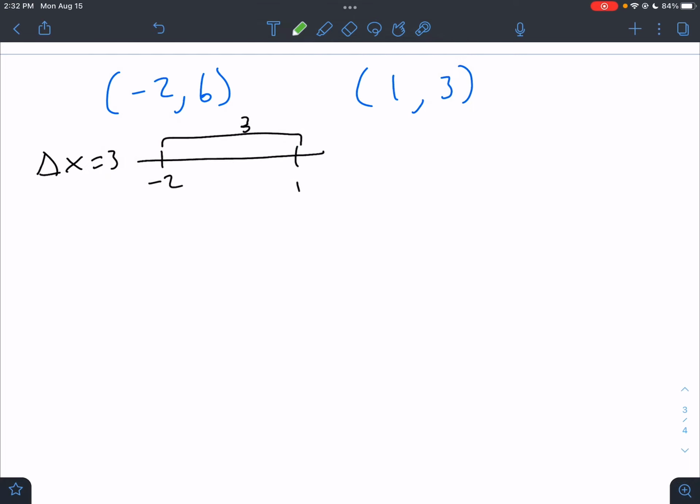How about delta y? The y values, draw a little number line. We can even do it vertical if you want, because y is technically vertical. We have a 3 and we have a 6. How far is it from 3 to 6? Well, that is actually also 3.